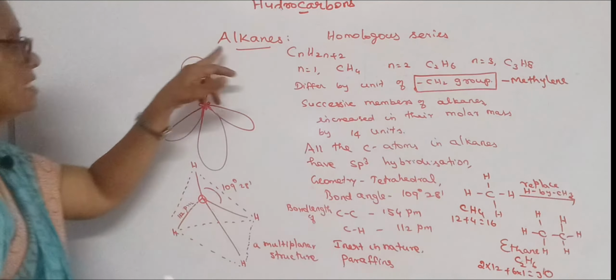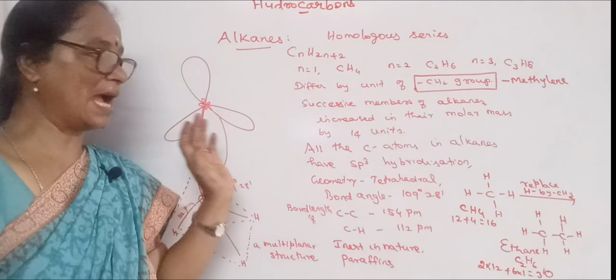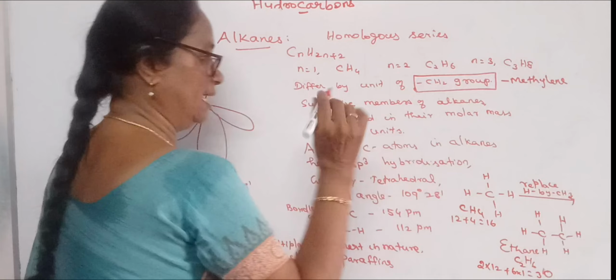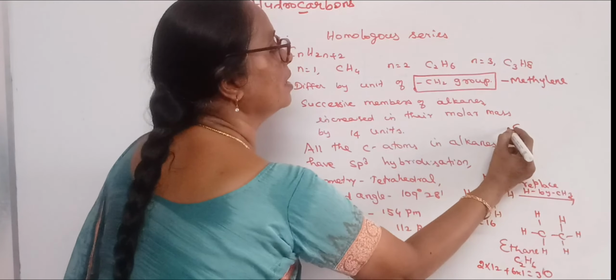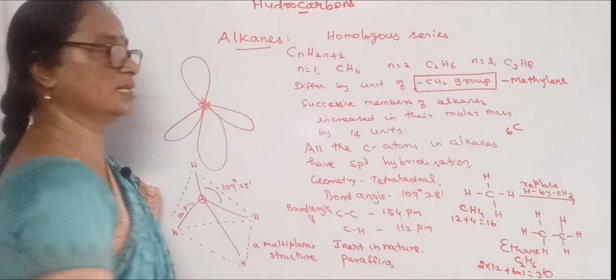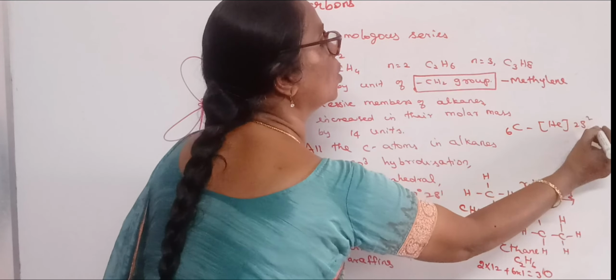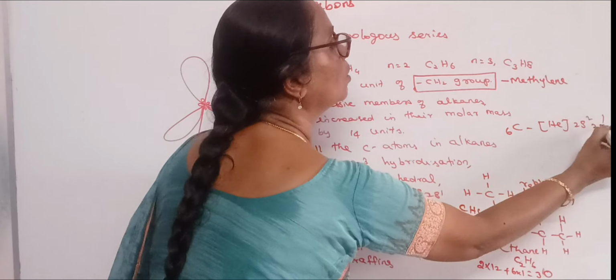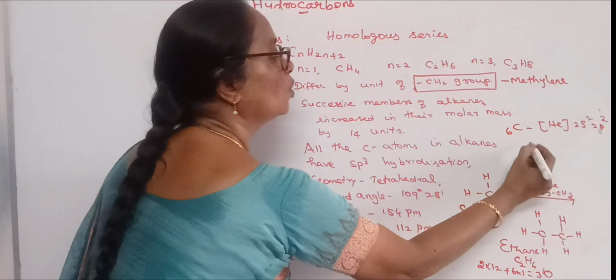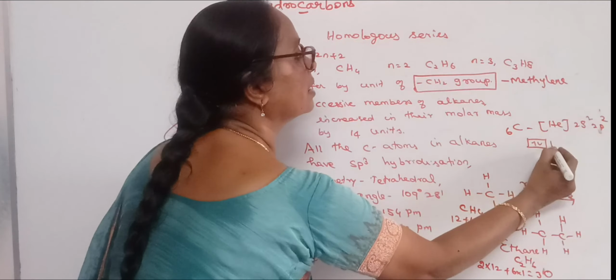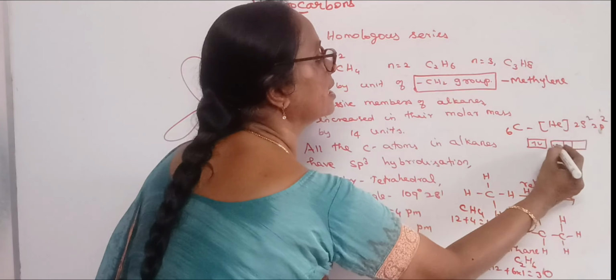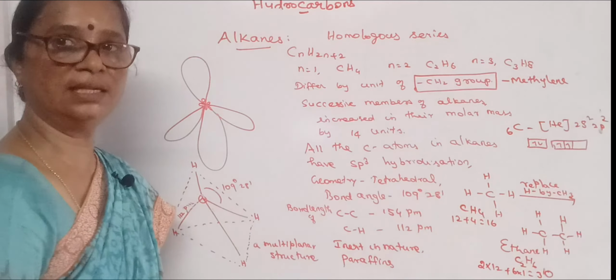In alkanes, all the carbon atoms are sp3 hybridized. Carbon has atomic number 6. Its valence shell I can write as helium, the inert core, with 2s2, 2p2 orbitals. The 2s orbital has 2 electrons, and the p orbitals get 1 electron each.